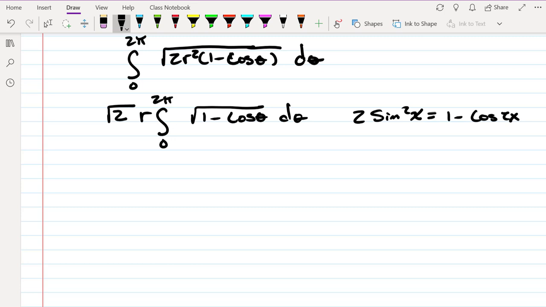So we're looking at this, and we have this, and this is this. So if that's going to be the case, what is our theta going to end up being?